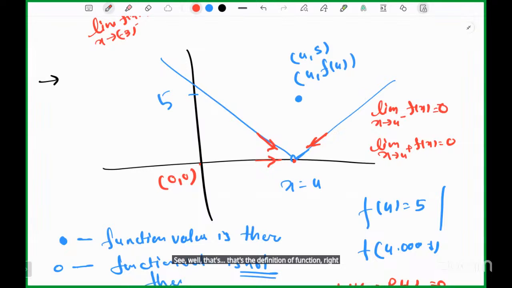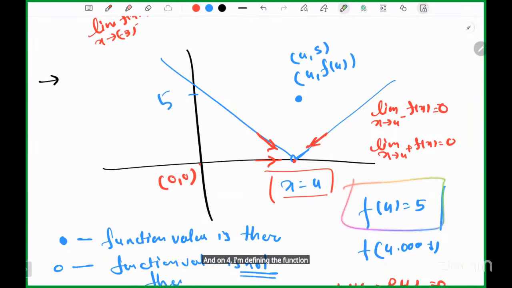I am defining a function in such a way that it follows the blue line when the value of x is less than 4. It follows this particular line when the value of x is greater than 4. And at 4, I am defining the function value to be 5. It's a hypothetical graph, Dilip. That's what we started with.